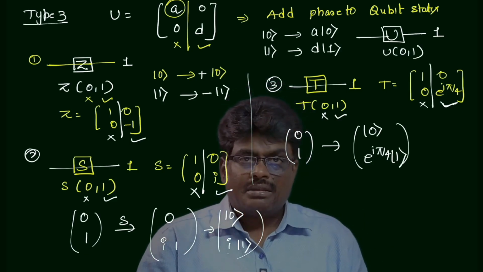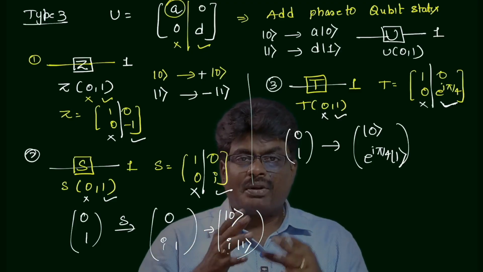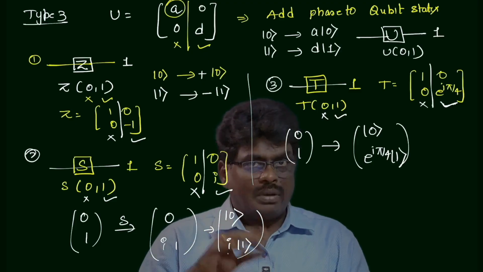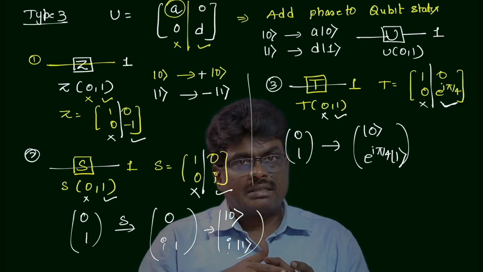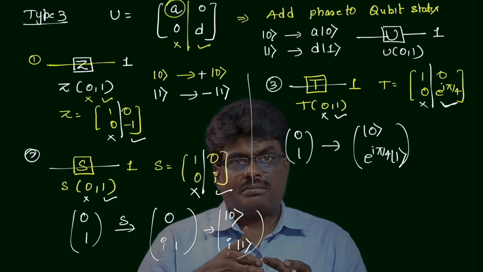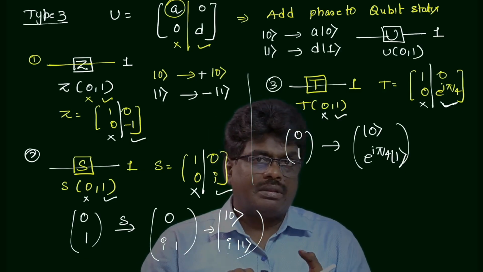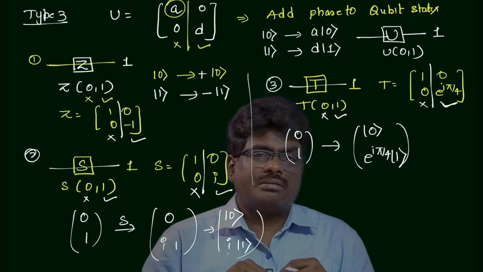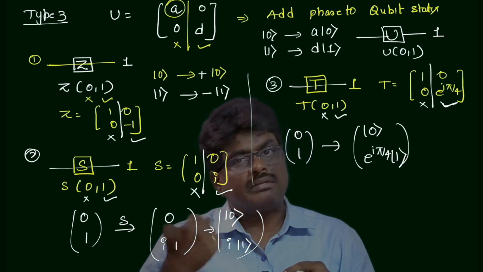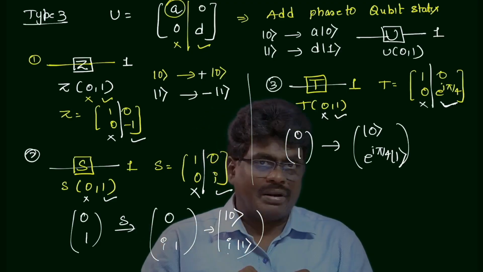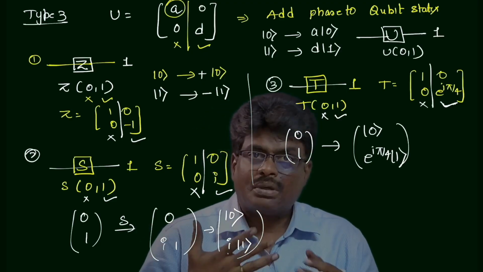Okay, so whether it is type 1 or type 2 or type 3, we are taking that matrix and using the first column as the amplitudes if the target bit is off. We are using the second column as the amplitudes if the target bit is on. Now you got one more doubt.